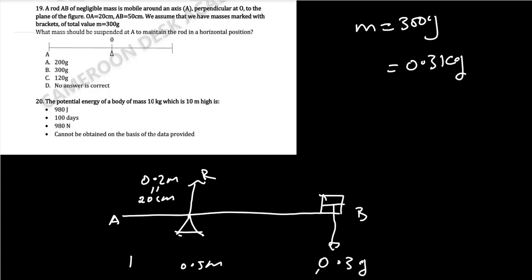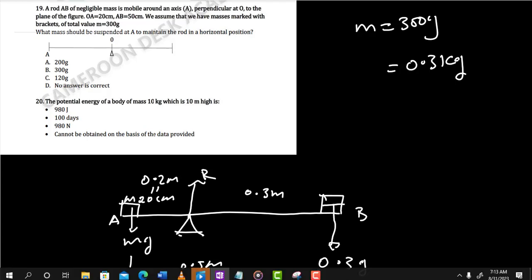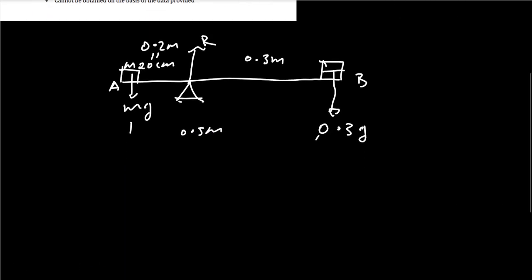So this remaining portion of the rod will be 0.3 meters. And so the question says, what mass should be suspended on A to maintain the rod in a horizontal position? So here we suspend a given mass, we call it M, in which the mass will have a force mg. So we have to calculate the value of M using the principle of moments.